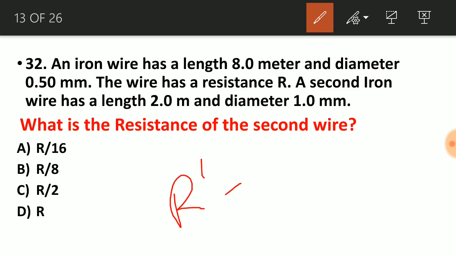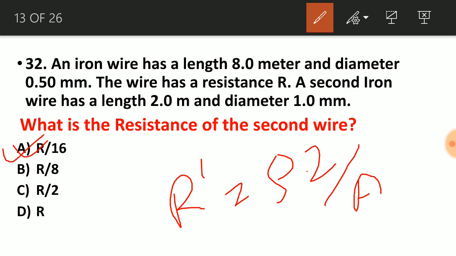R dash is equal to the same rho, length will be 2, and area will be calculated using pi d square by 4. On calculating this and comparing, our answer will be R by 16 for this question.